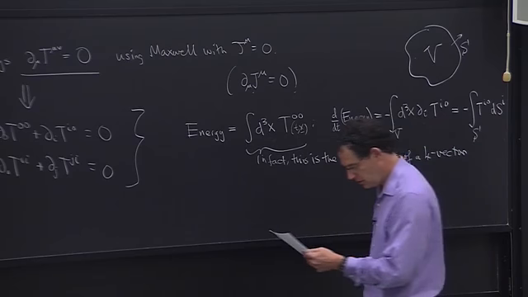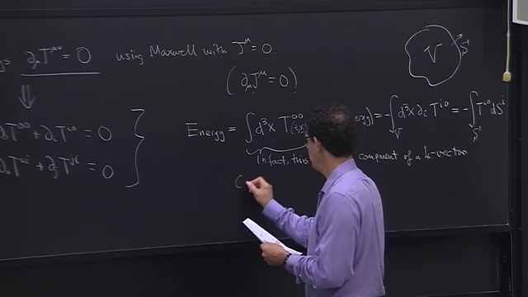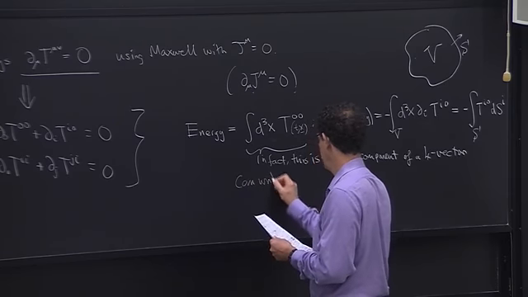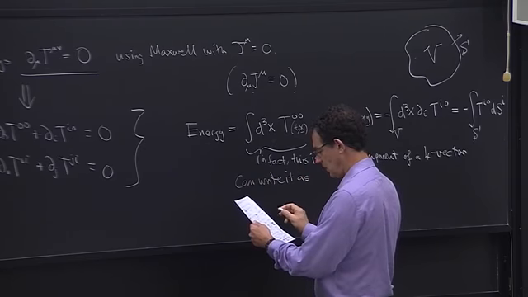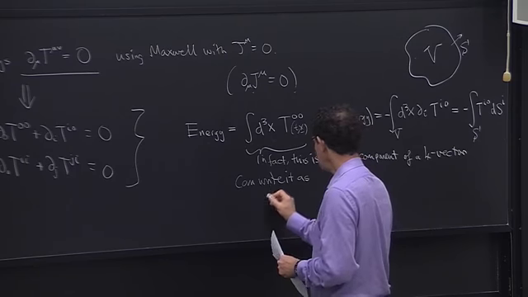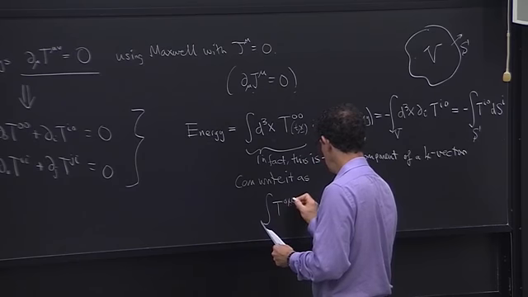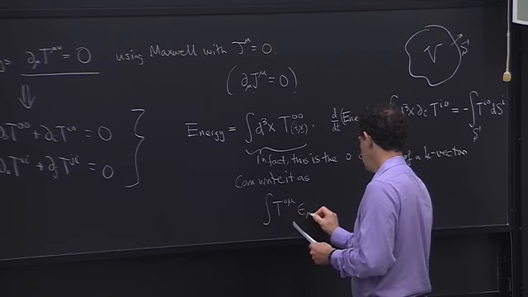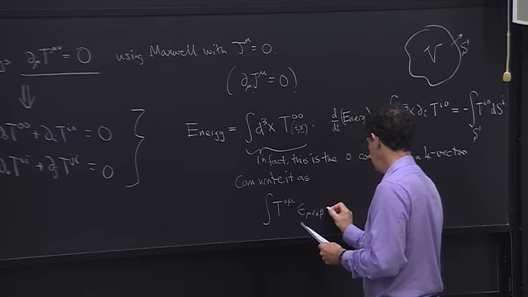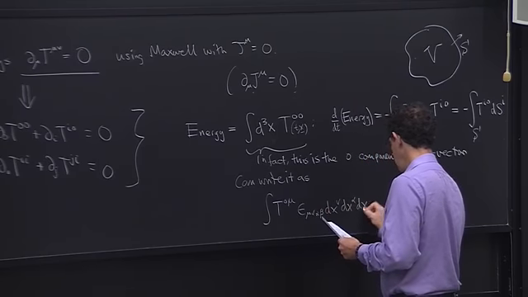To see that, notice that I can write it as the integral of T0 mu epsilon mu nu alpha beta dx nu dx alpha dx beta.